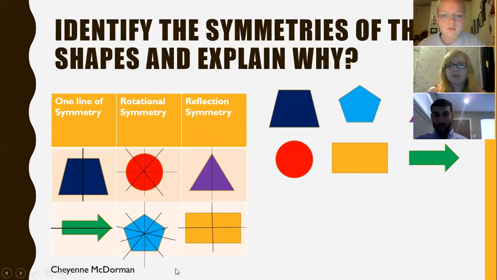Rotational symmetry, which the circle and the pentagon are examples of, is where wherever you put the line of symmetry on those figures, it'll continue looking the same on each side. Reflection symmetry is when you have a shape that looks the same on each side when you put the line of symmetry in. The triangle has one, well, also it has multiple, but in this case we're showing one. The rectangle has two lines of symmetry, so it looks the same on both sides. And that will be it. All right, thank you.